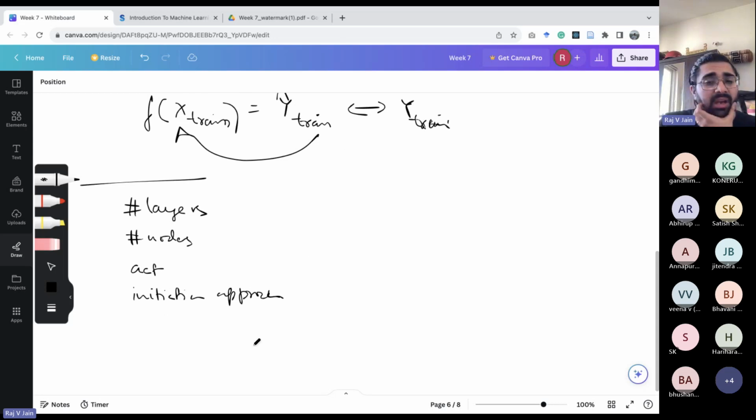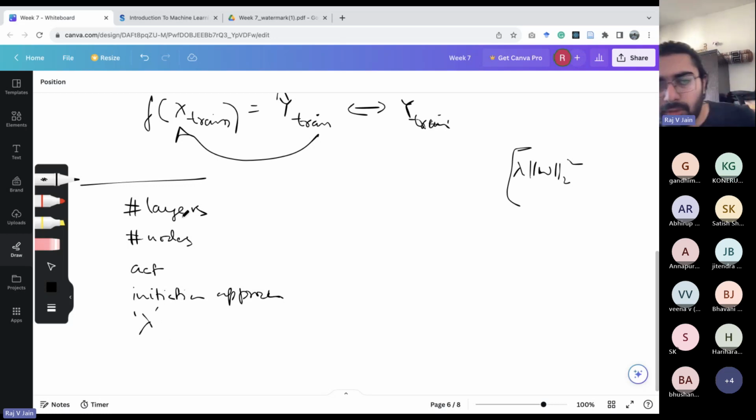And for example, if you're trying to do some L2 regularization, we also have that parameter for regularization, lambda times norm of W. So those lambdas, all of those come under your hyperparameters, right?